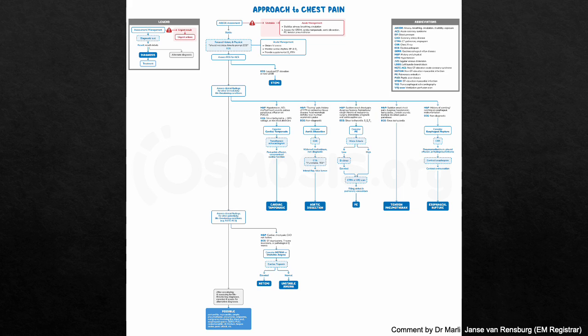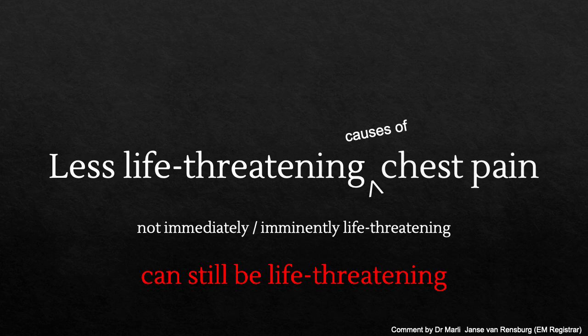Just to clarify that for the more junior staff, those can potentially be life-threatening, especially the complications of those disorders. Patients with myocarditis or pericarditis can certainly have arrhythmias that result in sudden cardiac arrest and things like that. So just to keep that in mind. But the other 5 are immediately life-threatening. So if you don't correct them now, the patient will die.